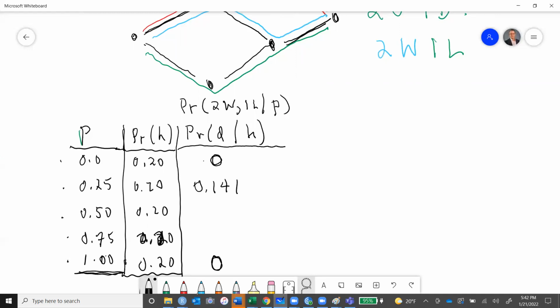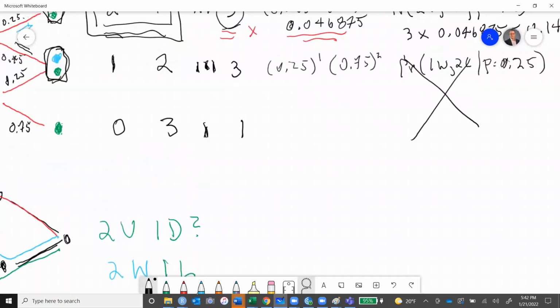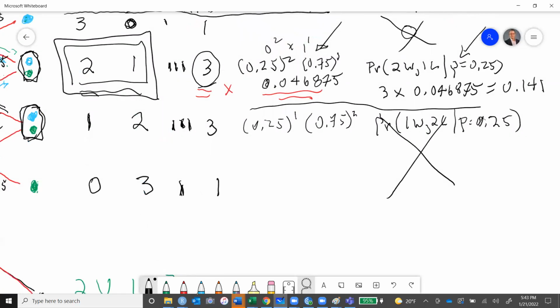So that makes our computational life fairly easy here. And we can fill in these two by calculating over here using the same formula with different values of P.